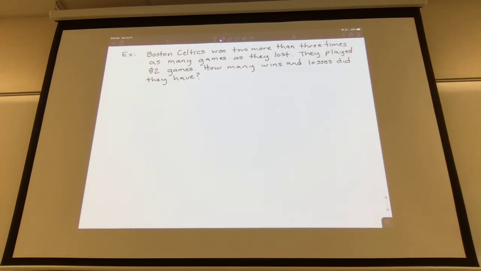So in this one, they're talking about wins and losses. So we're going to have to pick one, and we don't know either yet. We just know relationships with respect to one another. We do know that in total there are 82 games, but we're going to have to give these a variable. So in this case, I'm just going to let x equal the number of losses.